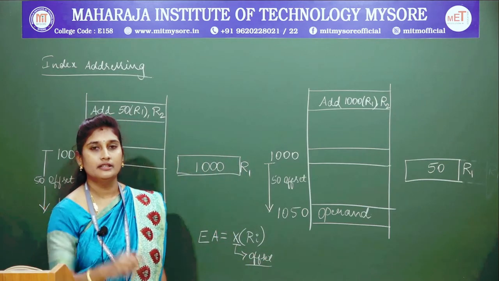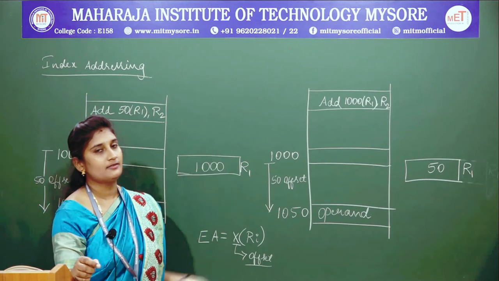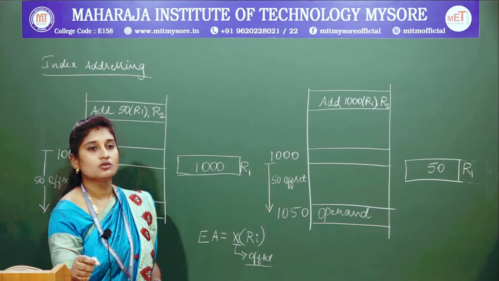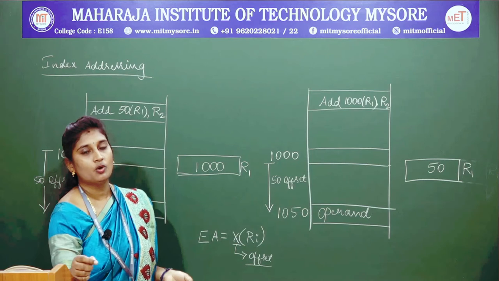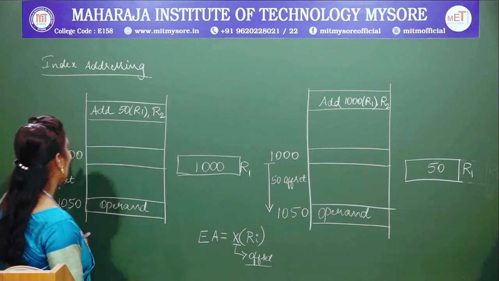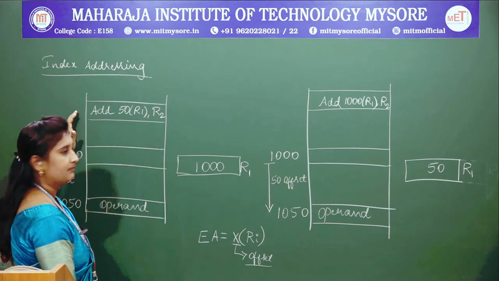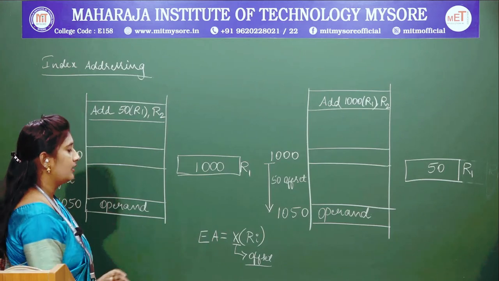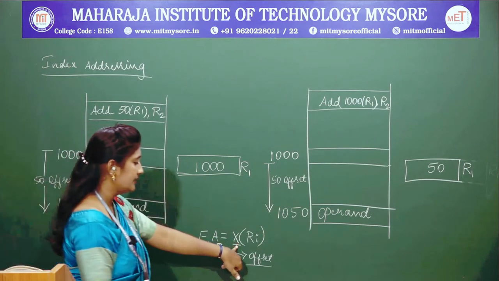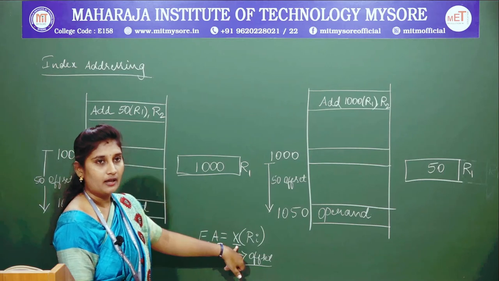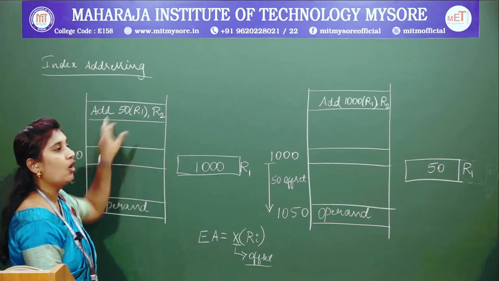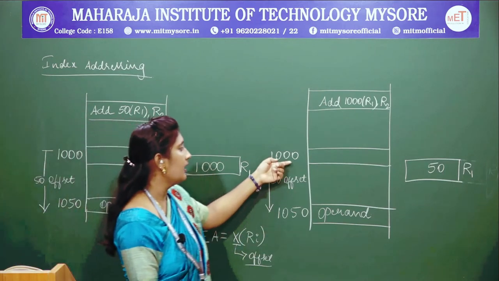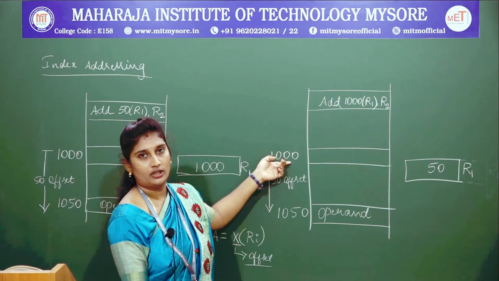So this is the difference between indirect and index addressing mode. So how will this index addressing mode work? Let's look at it in the memory mapping. In this index addressing mode, the offset or displacement can be a constant value or else it can be an address of a memory location.